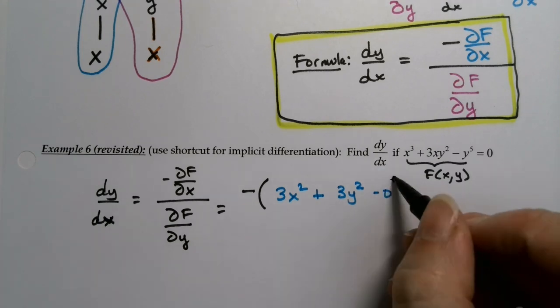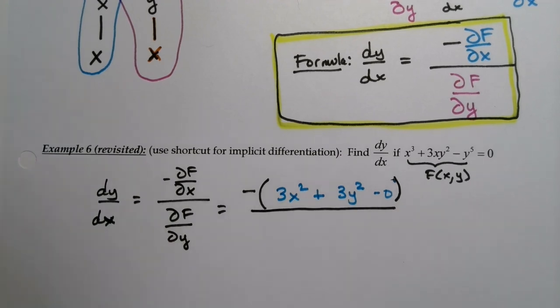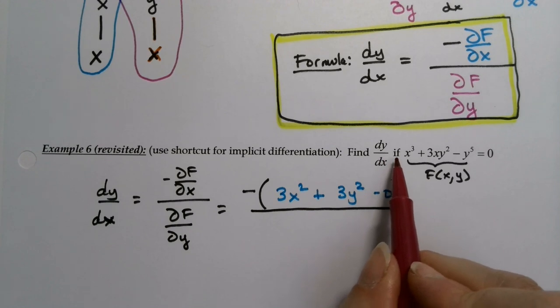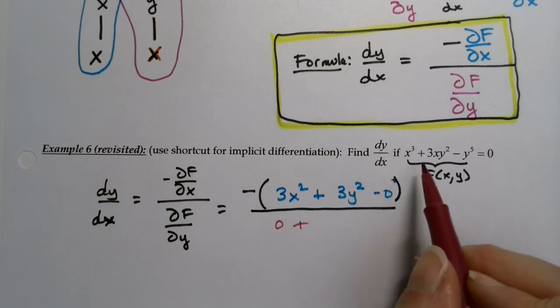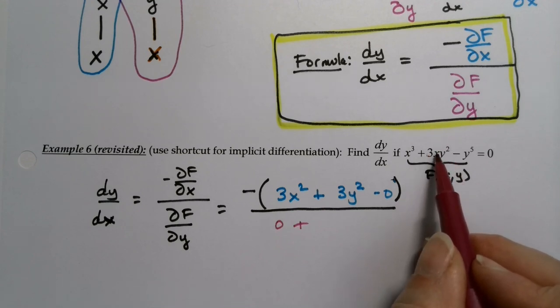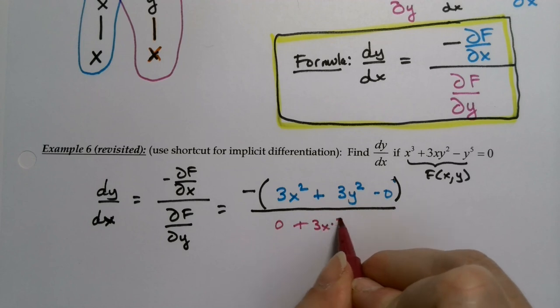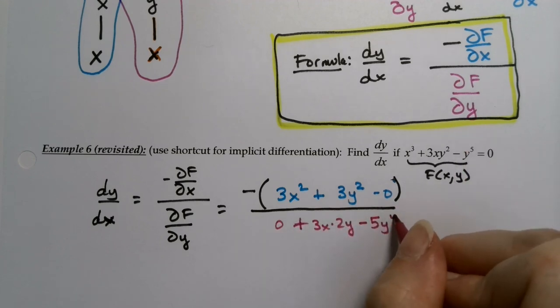And no, you don't even have to show the minus 0 part if you don't want to. I just want you to understand where it comes from. All right, now I take the derivative with respect to y. So the derivative of this with respect to y is 0. If y is your only variable, you bring the 2 down. 3 times 2 is 6, so 3x times 2y, if you will. And then minus 5y to the 4th.